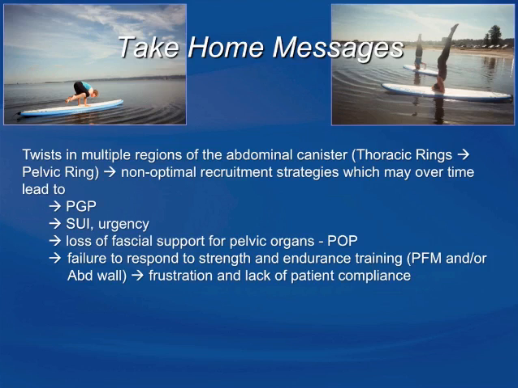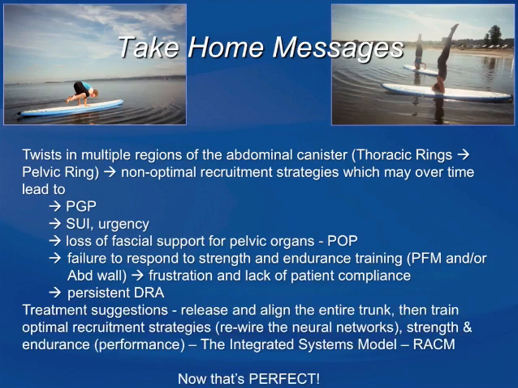So our final take-home message is, again, when you have twists in multiple regions of the abdominal canister, many things can start to happen. Some of your patients may present with pelvic girdle pain, others with incontinence or urgency, some may present with pelvic organ prolapse, and some may present with a persistent diastasis rectus abdominis.